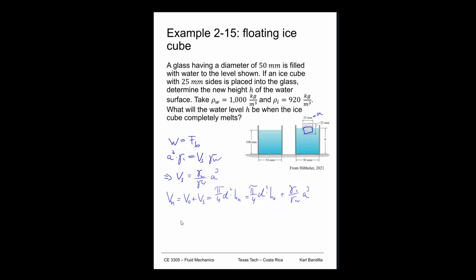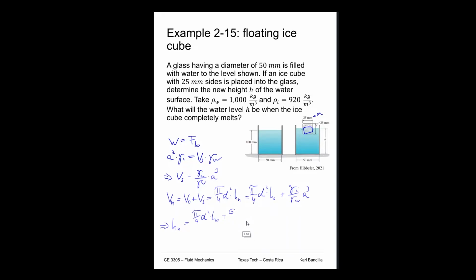So then we can go and solve for Hn. Hn is going to be all of this, so pi over 4 d squared times H0 plus, and then we can straight away rewrite this here as not sigma.